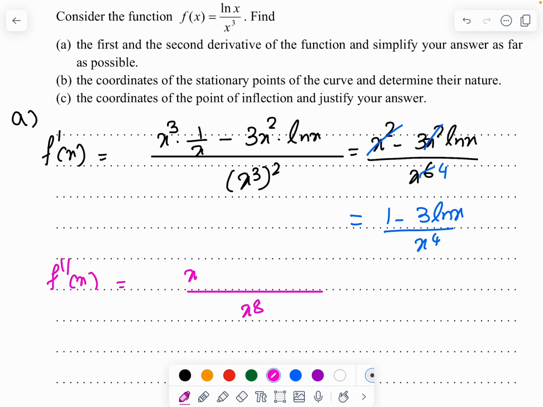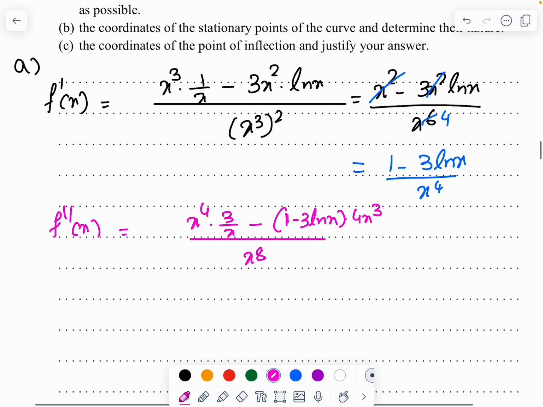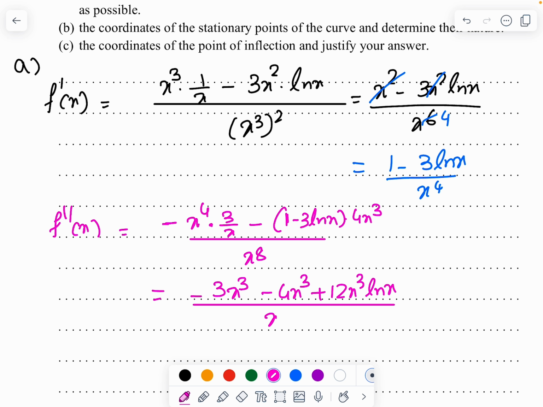Then x power 4 times the derivative of 1 minus 3 ln x, which is negative 3 upon x, minus 1 minus 3 ln x as it is times the derivative of x power 4, which is 4x cube. So negative 3x cube, negative 4x cube plus 12x cube ln x divided by x power 8.